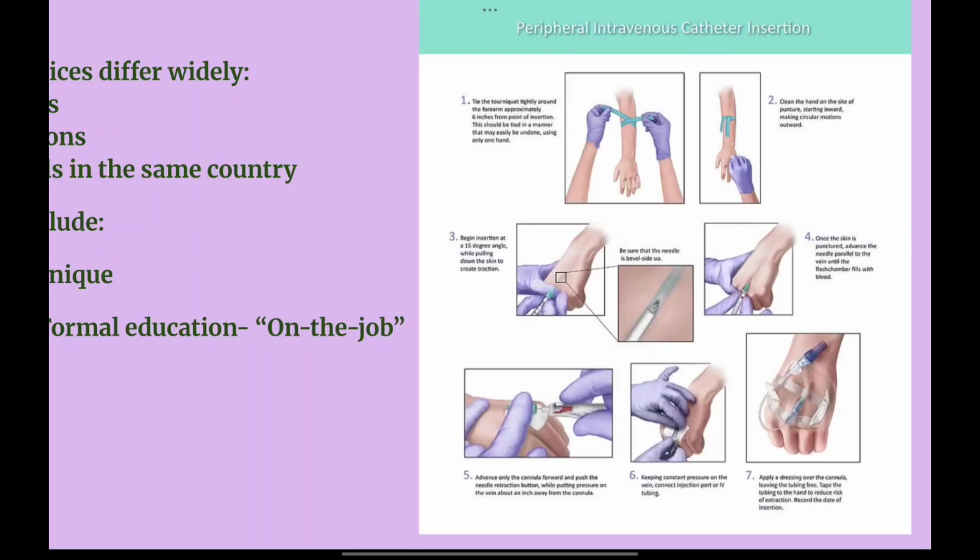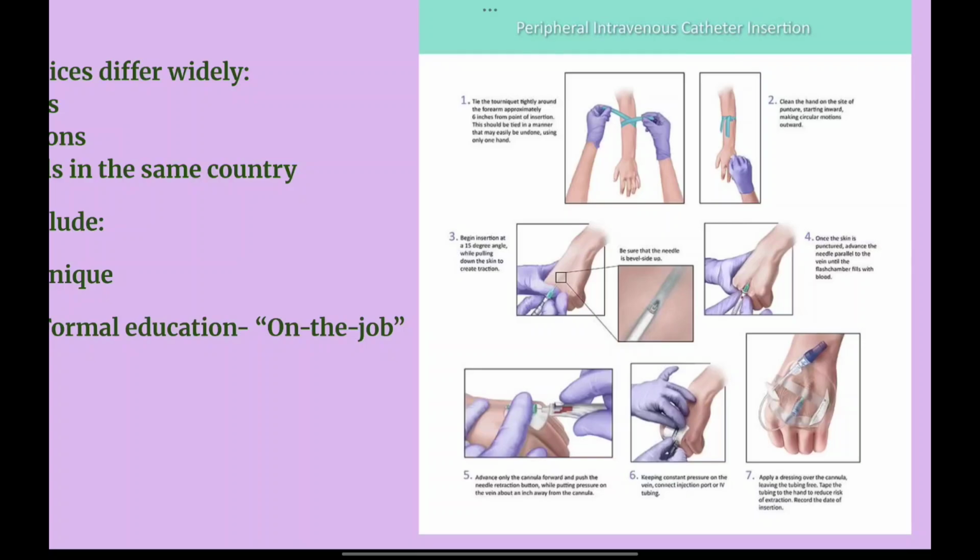It should be fast, smooth and accurate. That's how you place the intravenous catheter into the patient's vein. You shouldn't probe, that is, keep on pushing in and out of the vein. It causes pain to the patient. So it is required to select the proper vein, use the proper method, and be accurate at whatever you are doing.